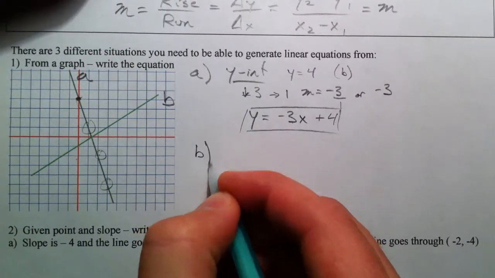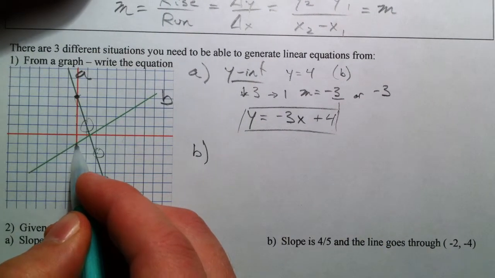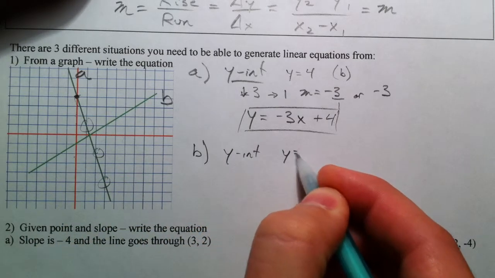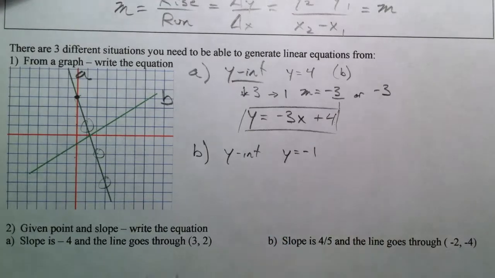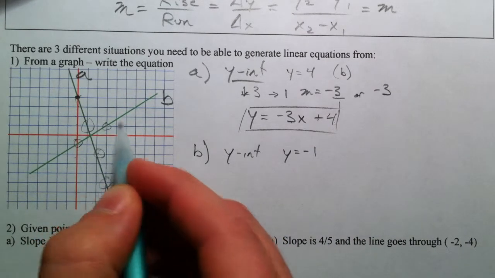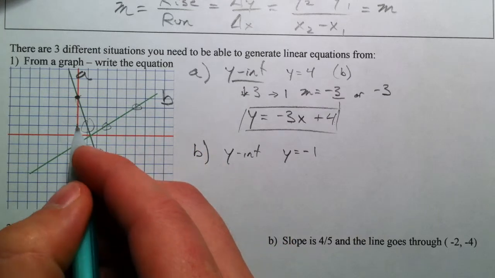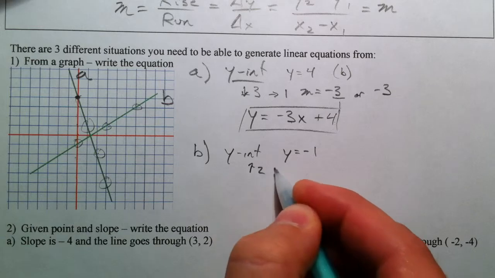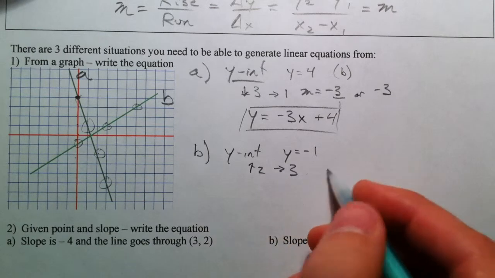Let's try another. B crosses at negative 1. And it has a slope of up 2 and over 3. Up 2 over 3.